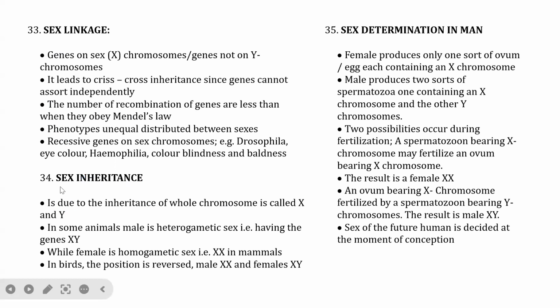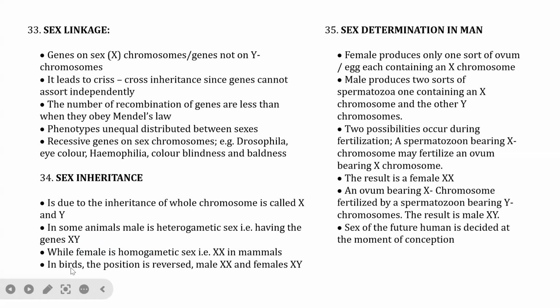So when you're talking about sex inheritance, it is either you have chromosome X or chromosome Y. In some animals, male is heterogametic, having the genes XY. For example, in human beings, our male has XY. Our female has XX, so female is homogametic.